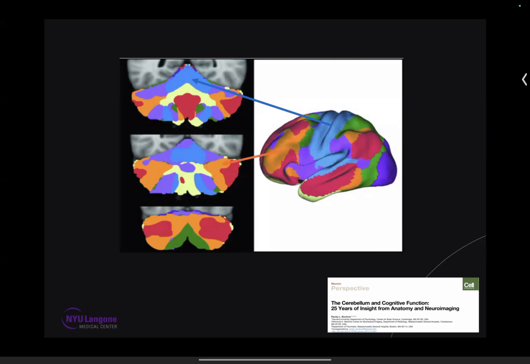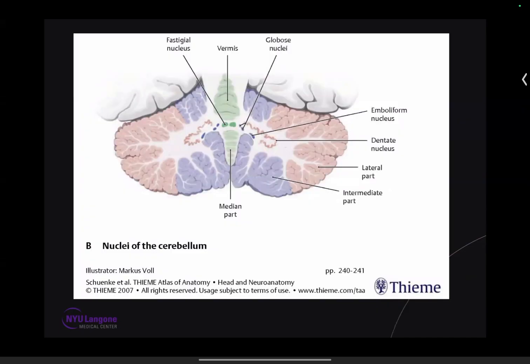And then more laterally, you have your executive network, or in orange, and then you have your default mode network more laterally in these red maps over here, right? So again, just to show you how cerebellum is very well connected, kind of similar functions which are represented in cerebrum, they are represented in the different portions of the cerebellum.